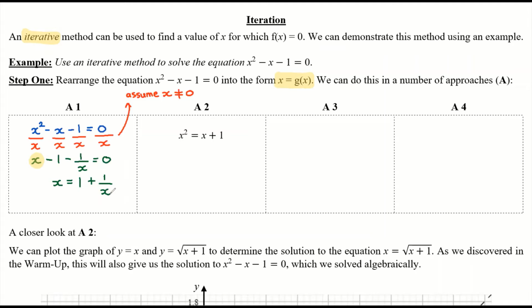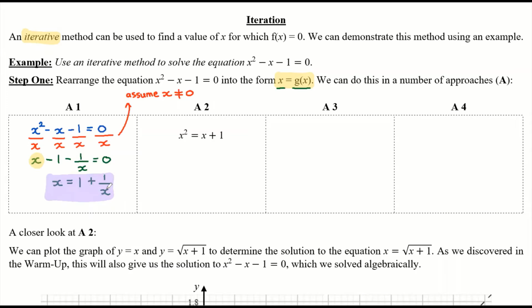That's in the form we want, because we want x is equal to some function of x. So in this case, g of x would equal 1 plus 1 over x. That's our first iterative formula, and I'll highlight it to make it stand out. Or, well, our first rearrangement anyway, which would lead to an iterative formula.